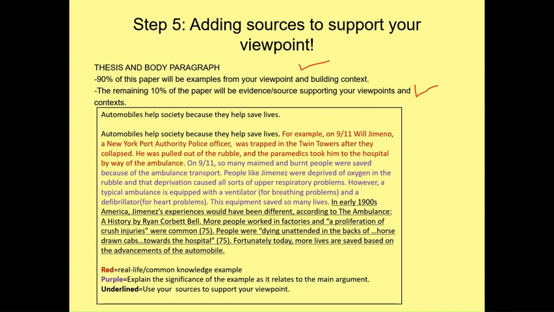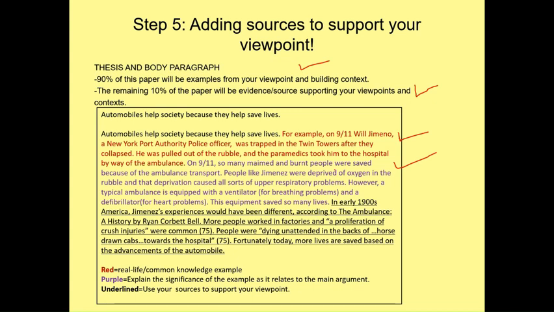For example, and this part in red, this is my common knowledge example. For example, on 9/11, Wilhelmino, a New York Port Authority police officer, was trapped in the Twin Towers after they collapsed. He was pulled out of the rubble, and the paramedics took him to the hospital by way of ambulance. Everything in purple is you explaining the significance of this example as it relates to your main argument.